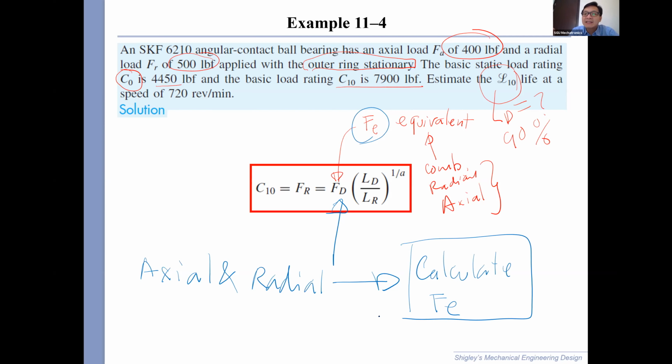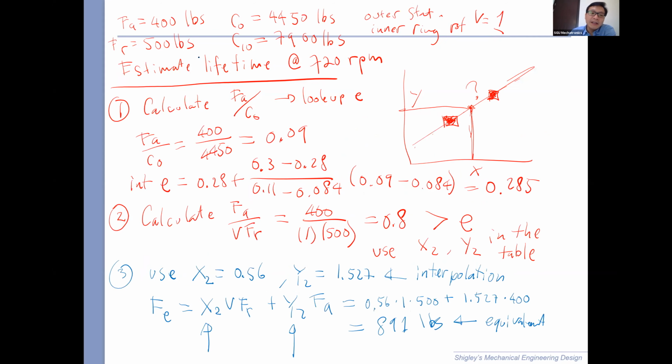They see axial and they see radial and they just add them up, or they just use the radial. Happens all the time, no matter how often I emphasize this. You need to do this procedure before you proceed with this equivalent number, 891. Okay? The rest will be similar to what we did before. So before I move further, any questions on this combination?